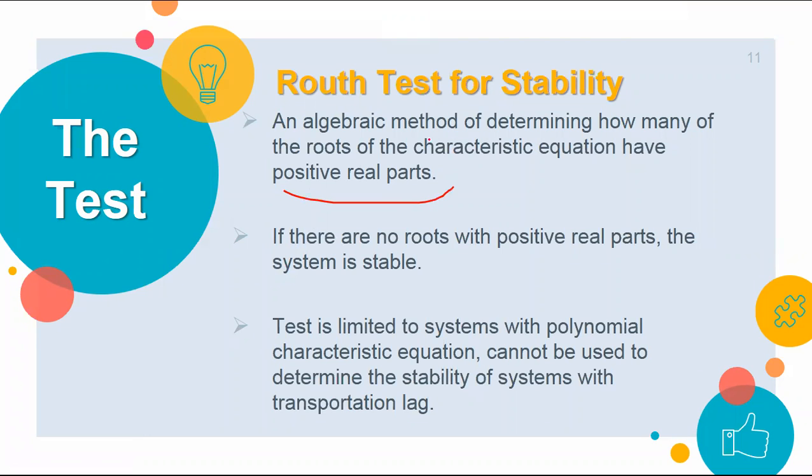Why positive real parts? If you did the factoring that I mentioned a while ago and none of your roots are real, then you're saying, okay, my system could be stable because none of my roots are real. But even if all your roots are complex, what do we mean by complex root? A root that has a real part and an imaginary part.